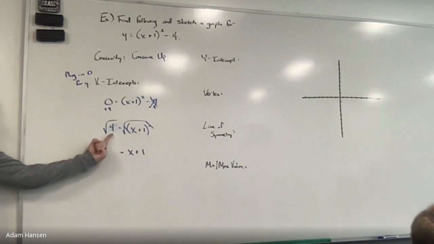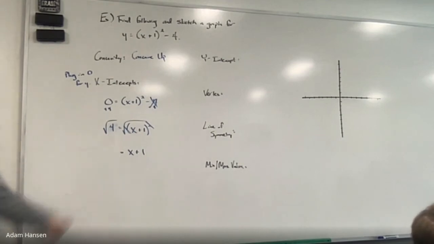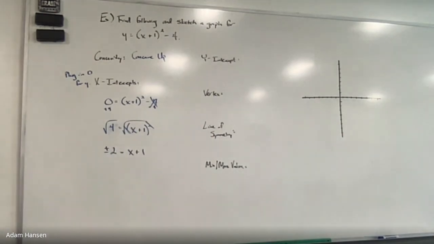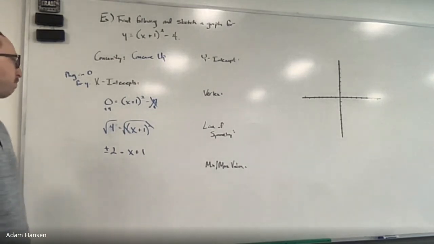There's two numbers that I can multiply with each other to make 4. 2 times 2 and negative 2 times negative 2. Let's make sure I include both by putting plus or minus 2 down below. The square root of 4 is either 2 or negative 2.